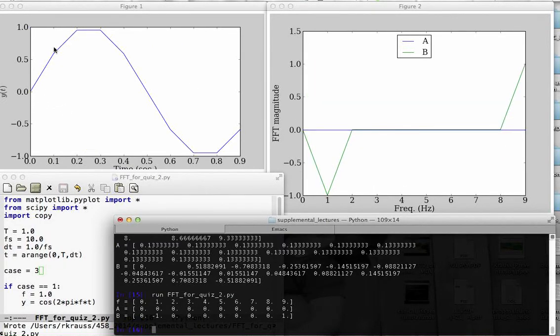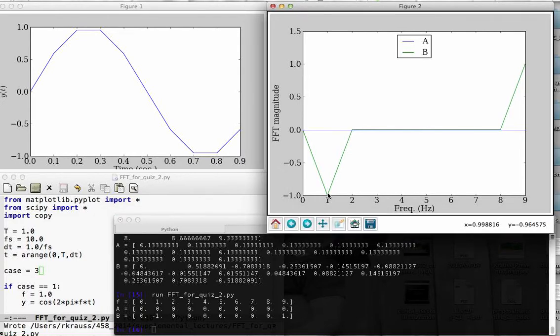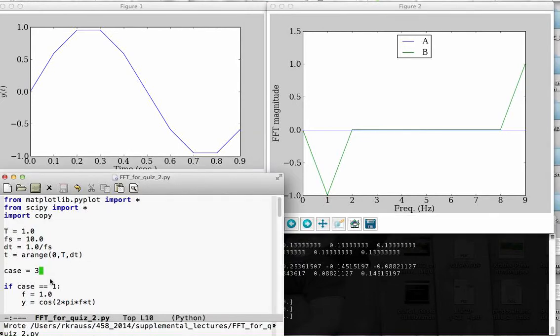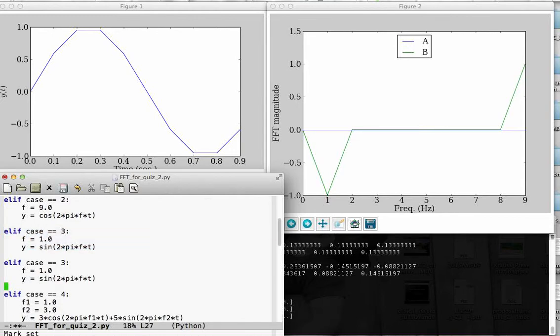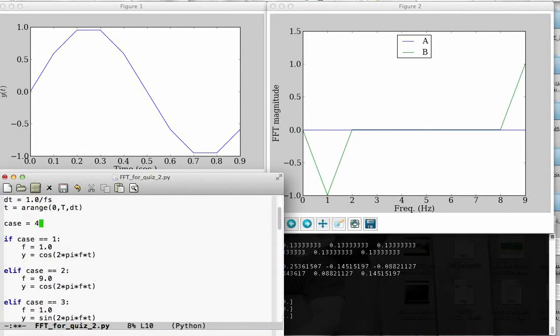So now when I run it, I've got a positive sine wave, but I'm seeing a negative peak at 1 hertz on the FFT graph. And then if I were to talk about an aliased sine wave, we'll make that case 4, we'll make this case 5, we'll make that 9, and we'll run case 4.